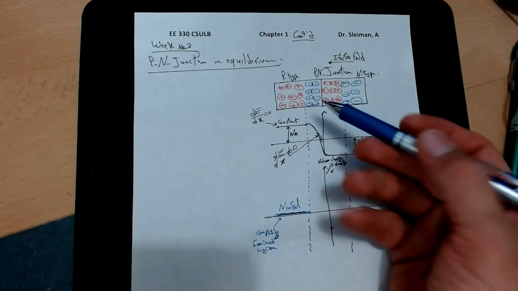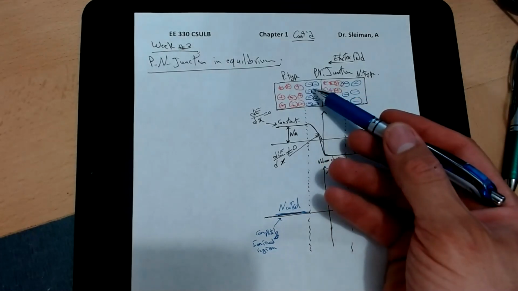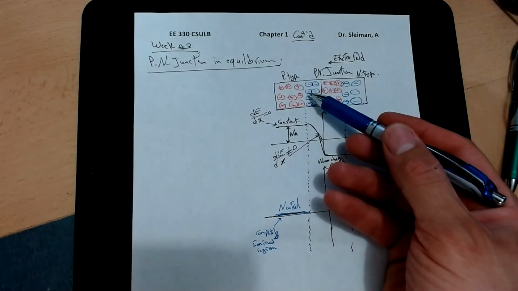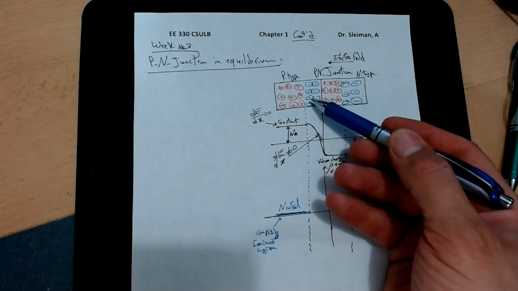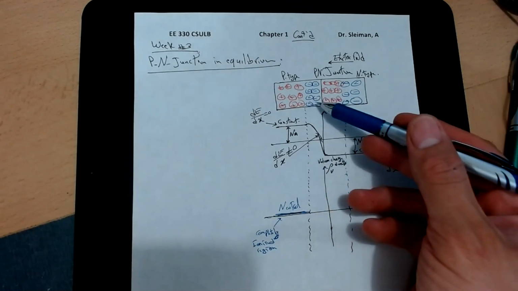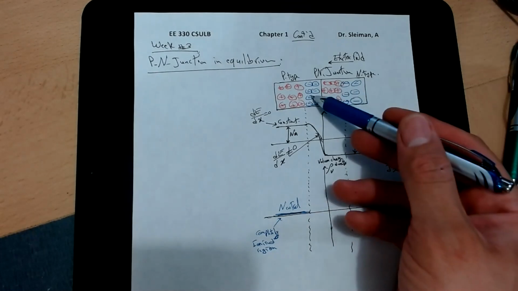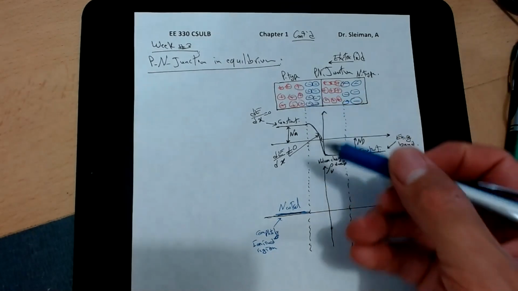When we reach this side on the p-type, there are negative charges, so there's something going on. This area is the presence of the negative charges in the p-type.